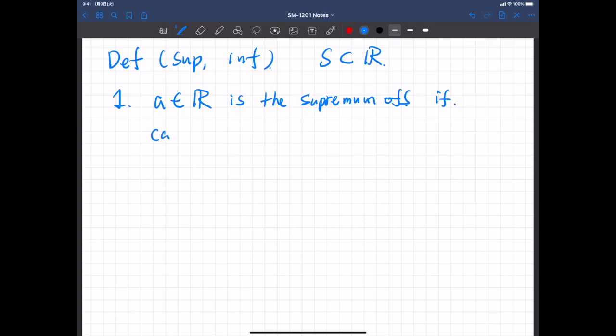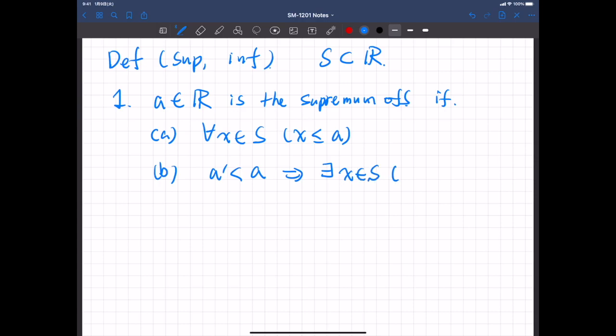First, condition a: for all elements x of S, x is less than or equal to A. So that means this A is an upper bound of S. And b: for all A prime, if A prime is less than A, then there exists some x in S such that x is greater than A prime.